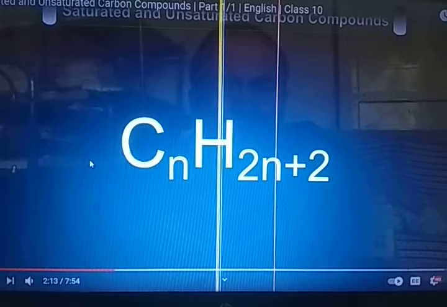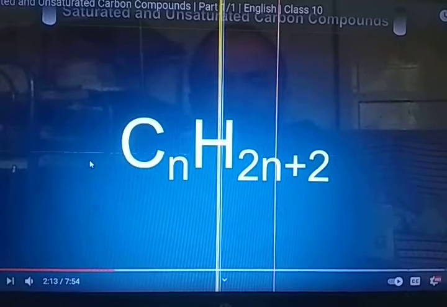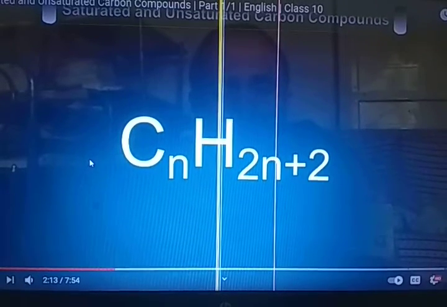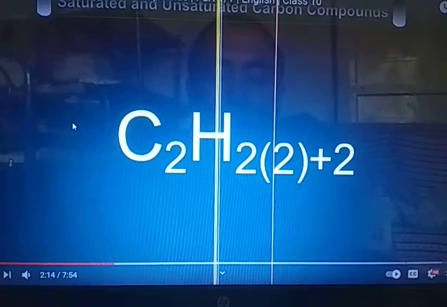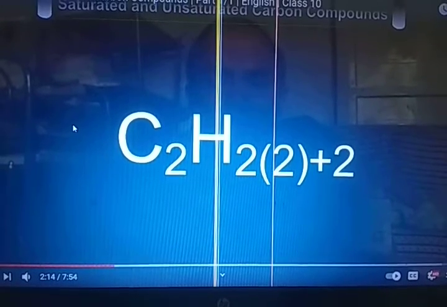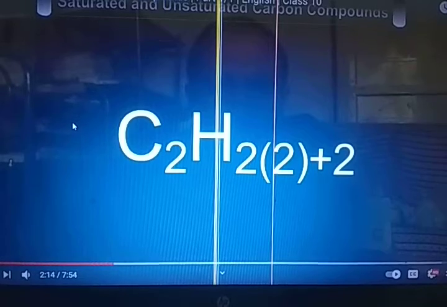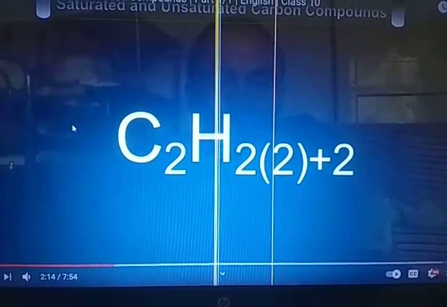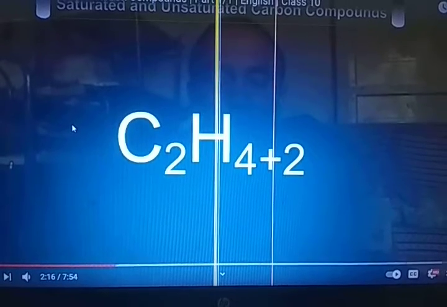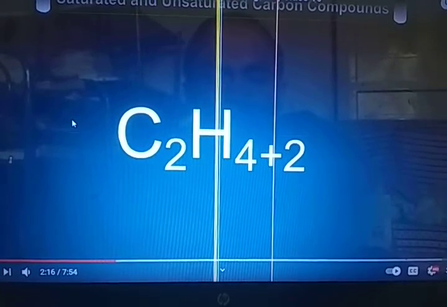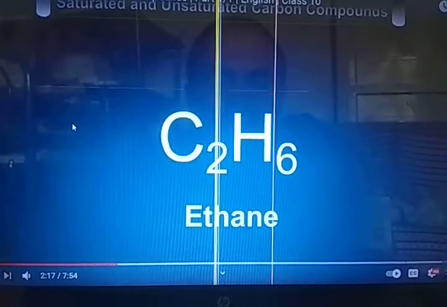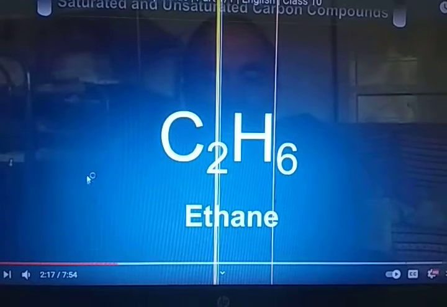Similarly, by using the same formula, we know that the general formula of alkane is CnH2n plus 2. When you take n equal to 2, that means C2H2 into 2 plus 2, which is C2H6, that is ethane.